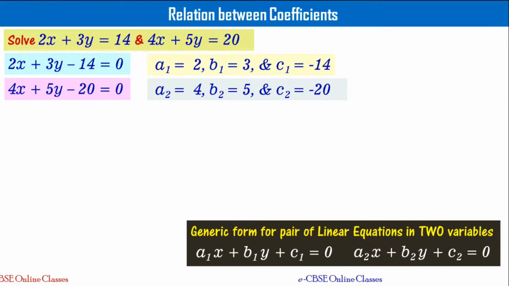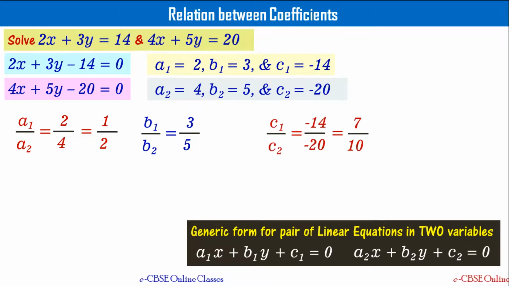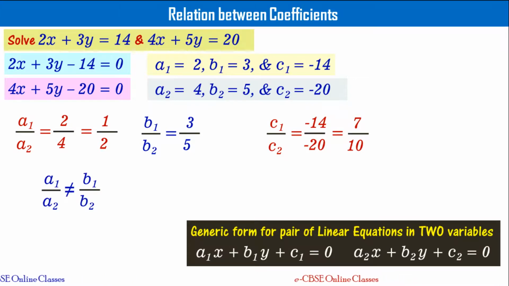Let's take ratios of these coefficients. a1 by a2 becomes 1 by 2, b1 by b2 is 3 by 5 and c1 by c2 is 7 by 10, right? Now you can say that a1 by a2 is not equal to b1 by b2. That is not equal to anyway c1 by c2, but we are not really bothered about that.